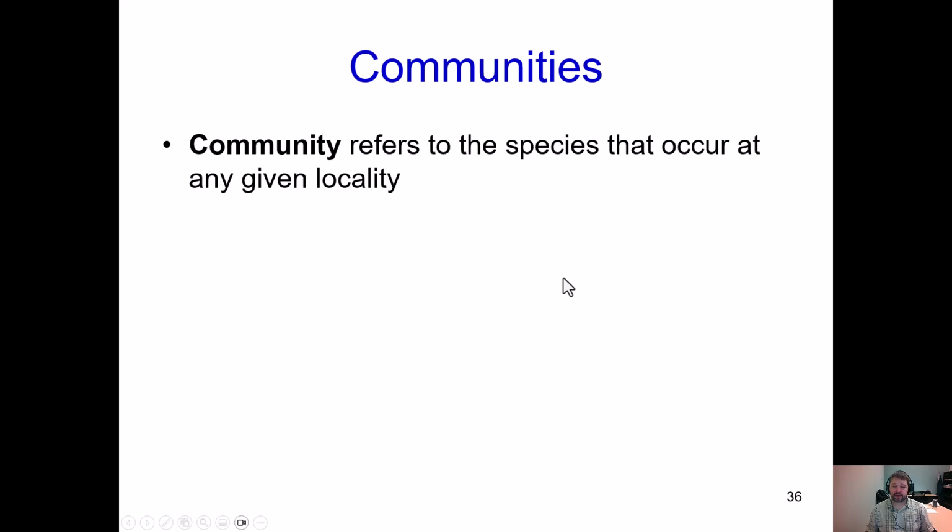And rarely do we actually look at all the species, but really that's what community means. So if we say something like the Salish Sea community, we're talking about everything, all the species that occur there, the plants, the animals, the bacteria, the protozoans, everything, the archaea, all of those species that occur in that given region.